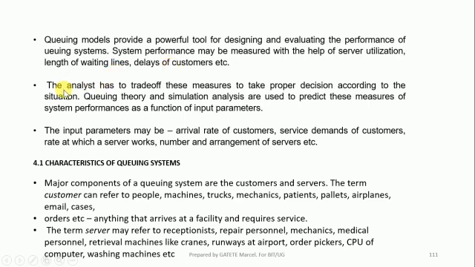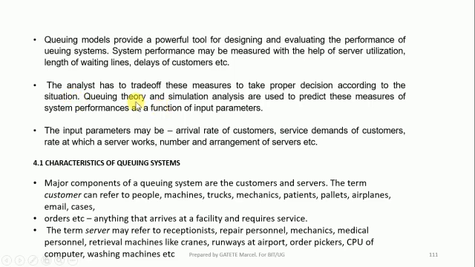So you, as analyst, have a trade-off of measures to take a proper decision according to the situation. If there is a bad situation, you as an analyst have to take some more measures in order to take a very good decision, so that the customer will get better service.